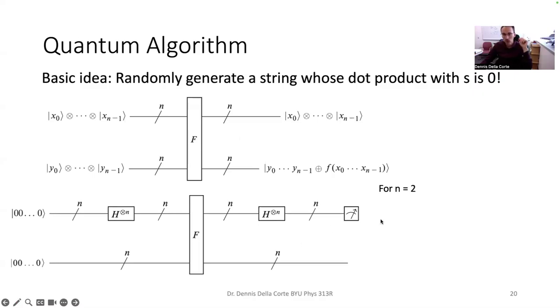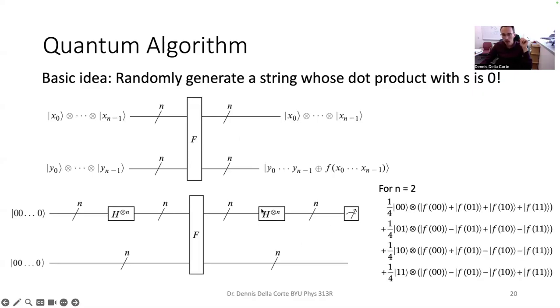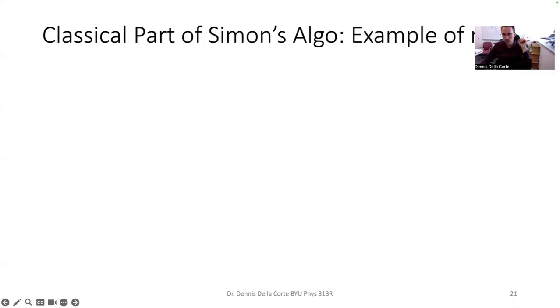Okay, so for n equals 2, what comes out of it is this set of probability amplitudes and states. So the math is a little bit unwieldy, so we don't dive into all of the details. But the thing that we remember is anytime we query this function, we get a string whose dot product with s is equal to 0.